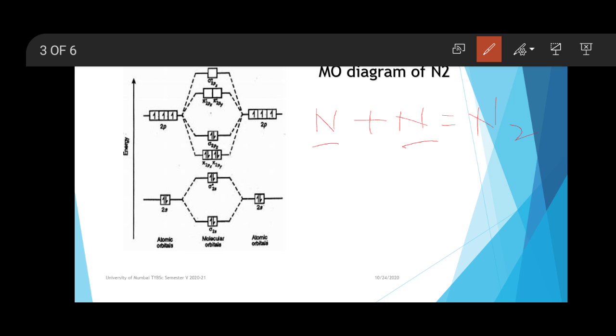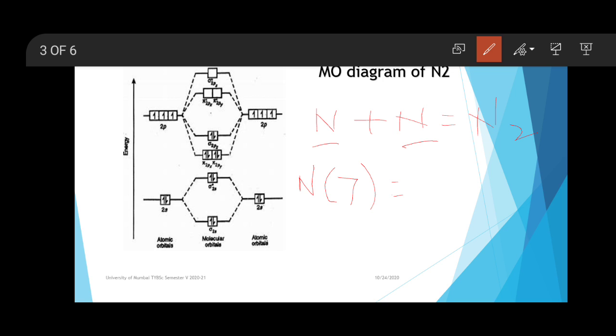And for electronic configuration, what is required? You require the atomic number. What is the atomic number of nitrogen? 7. So nitrogen has 7 electrons, and they are arranged accordingly. Remember, I want to tell you one more thing here. Once the molecular orbitals are formed from atomic orbitals, you have to write the electrons which take part in the molecular orbitals.